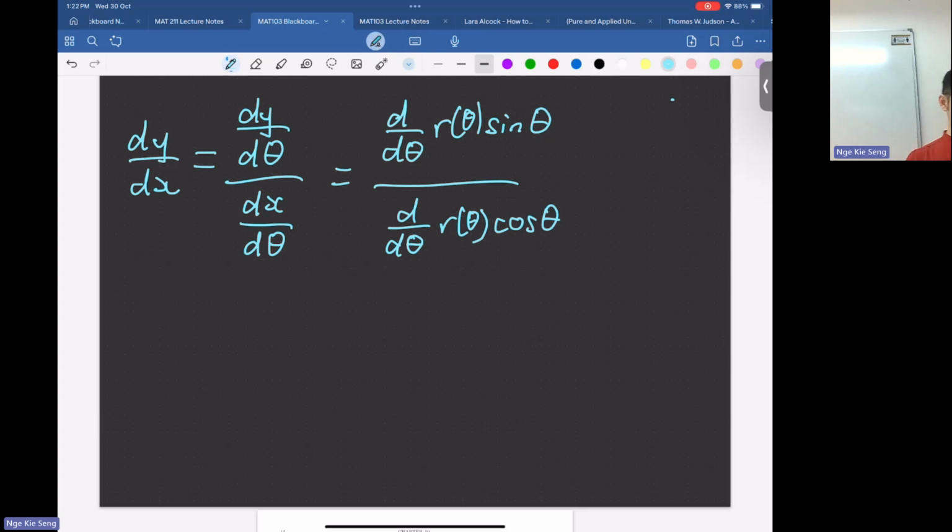If you do the product rule, you get a somewhat complicated formula here. If you differentiate this, you get negative, so let's put it here, and then plus dr over d theta.